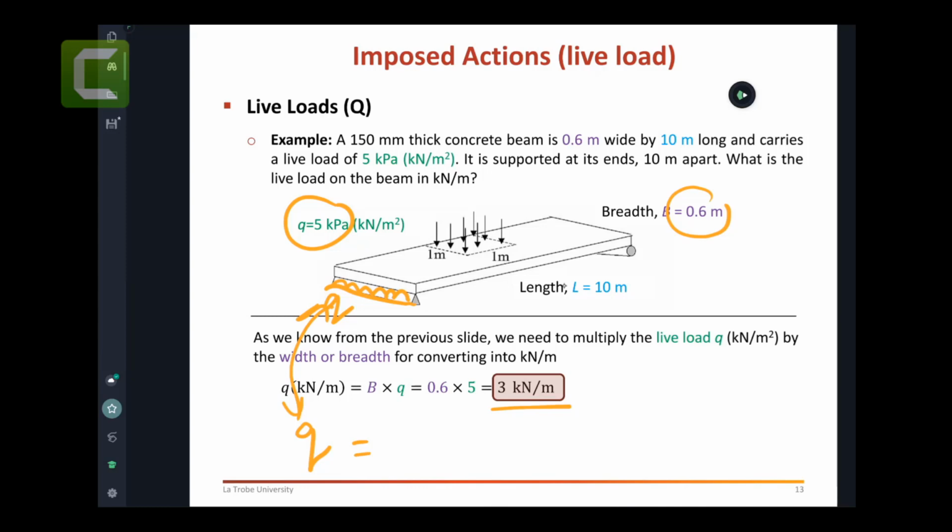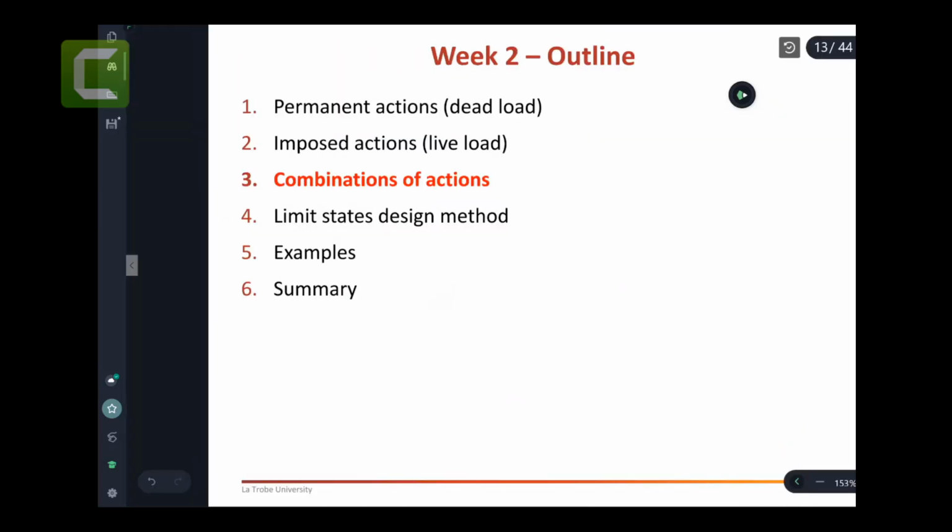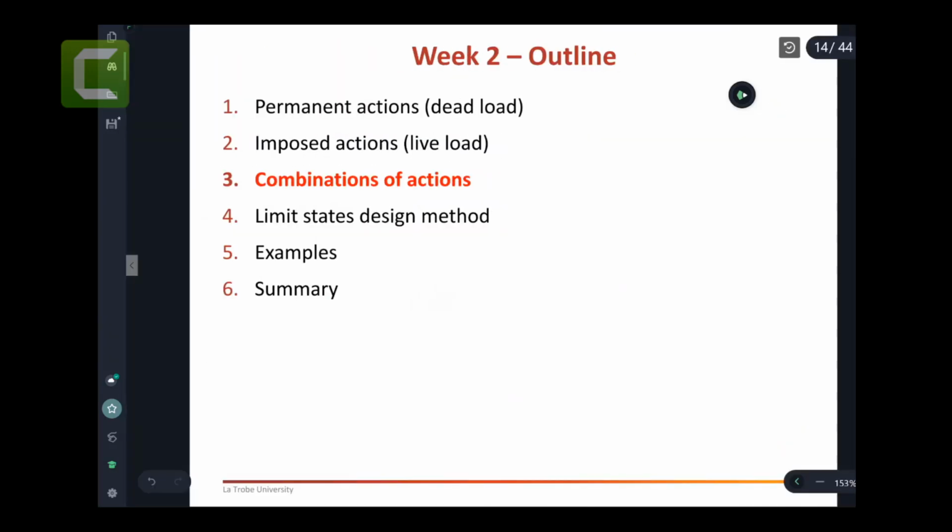It's going to be half of this, which is 5 meters, multiplied by 5, which is the pressure, and this will give us 25 kilonewton per meter. Then I'm going to put the load on my wall and design the wall. Right. So that's really all about it, these are the main things you're going to be doing and calculating, etc.